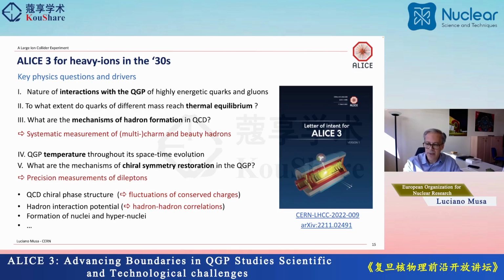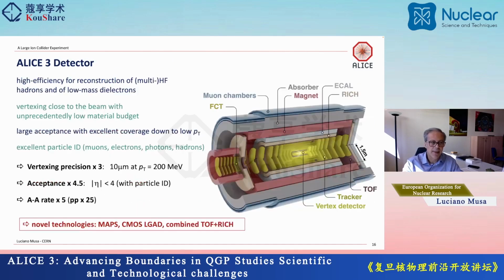And I would like to refer you to the letter of intent that we published last year. Now, to do all that, we need a completely new detector, essentially, which is optimized for high efficiency for the reconstruction of multi-heavy flavor hadrons and of low mass dielectrons. Okay, so these are the key drivers.